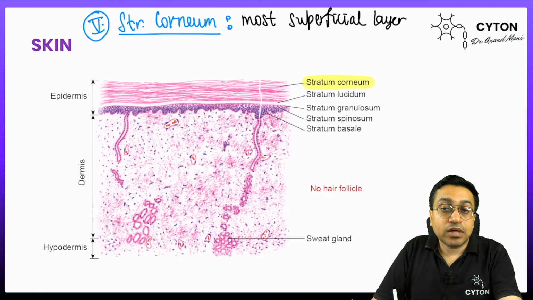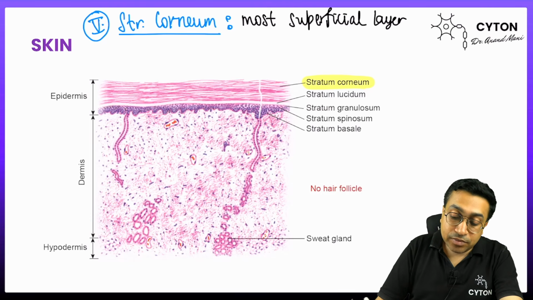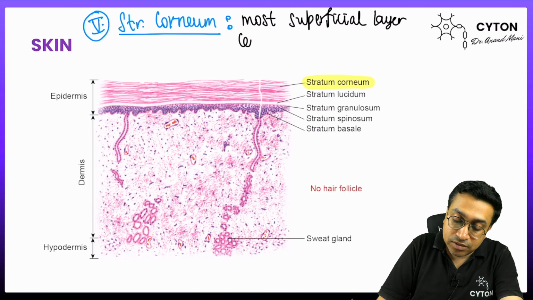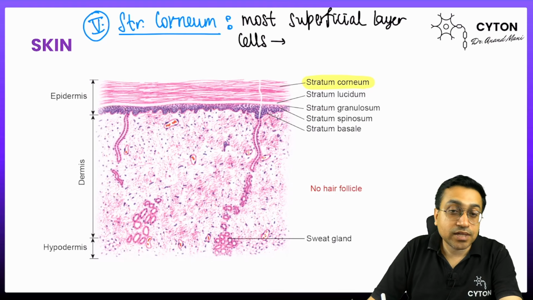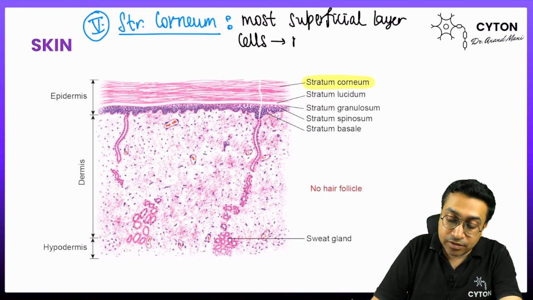Okay, the cells of the stratum corneum are non-nucleated.